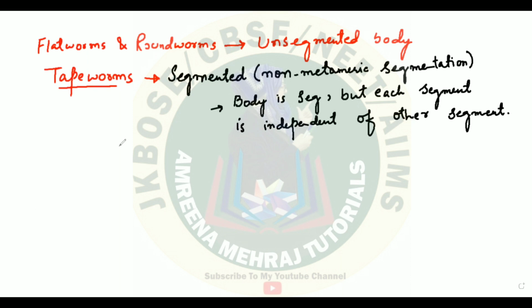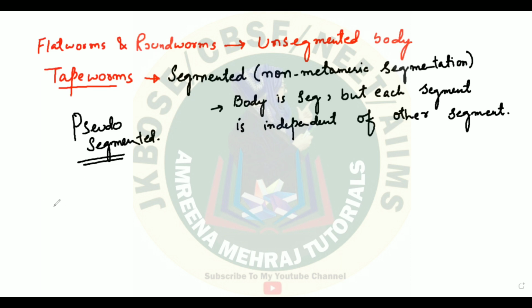If that is the case, that you have segmentation but the segments are independent of other segments, then you call it non-metameric segmentation, or you call that the body is pseudo-segmented. So tapeworms show pseudo-segmentation. They are pseudo-segmented.